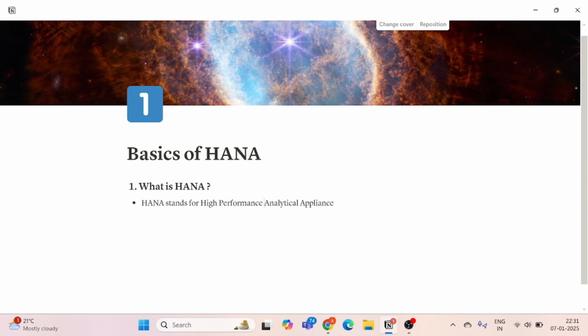What is the meaning of it? If we have to simply define HANA, the simple definition is, it is SAP's in-memory database.